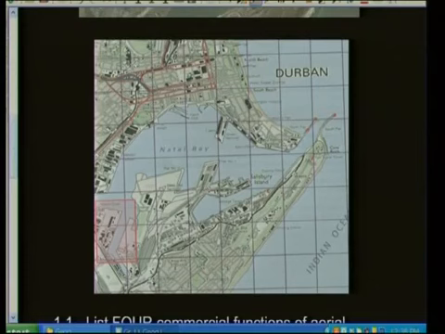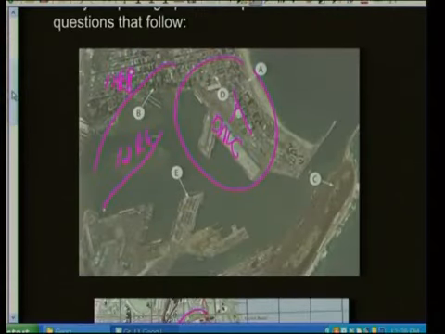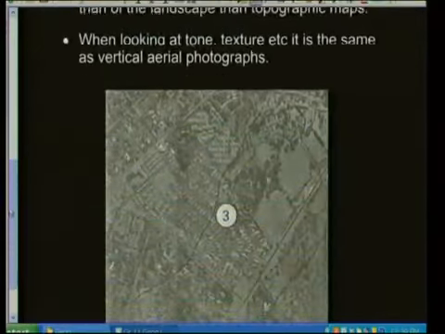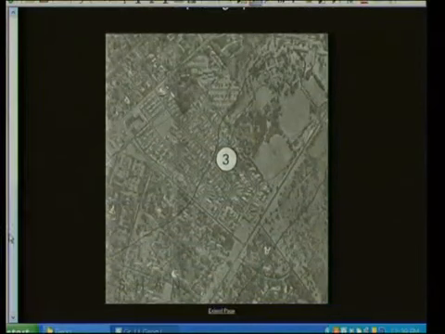I can't see the areas properly, where it's a pier and things like that. All I see is a little sketch. But here I have a better view. So it makes a huge difference in terms of using your orthophotograph and your topographic map. There's another idea of an orthophotograph.